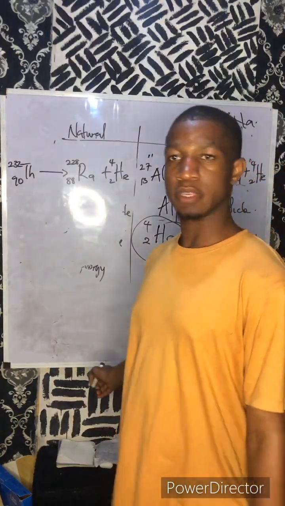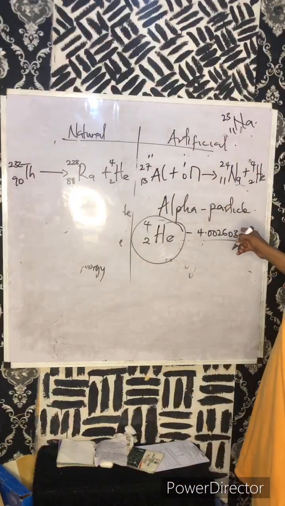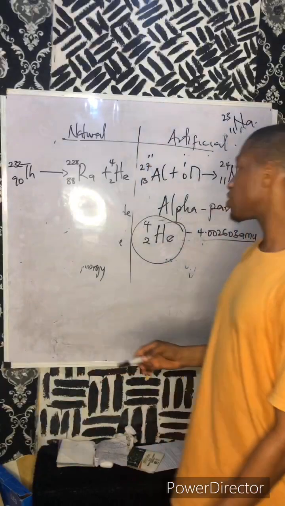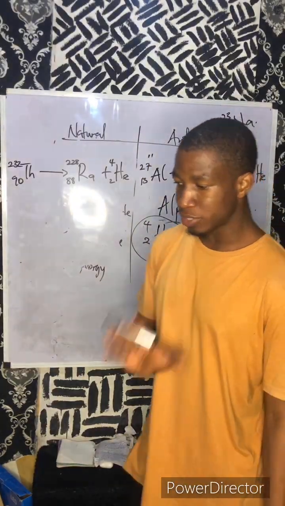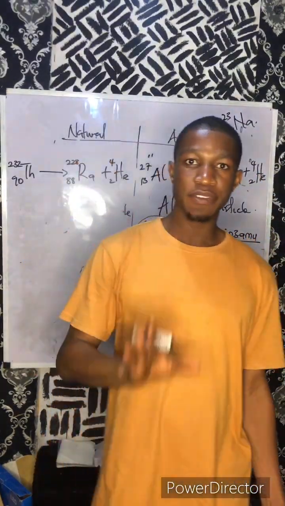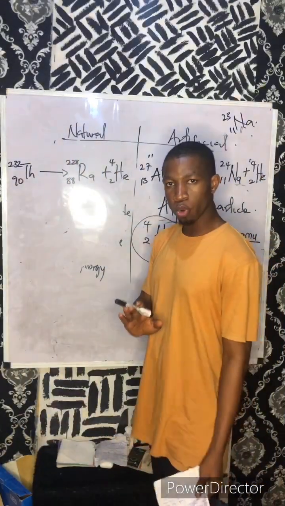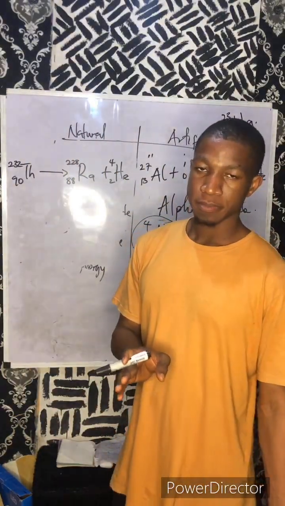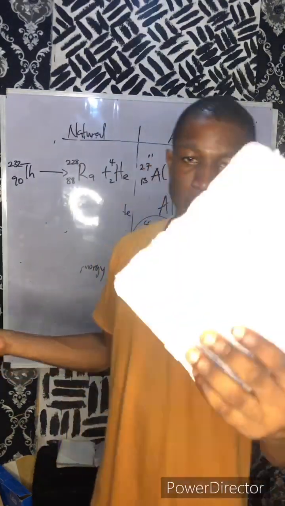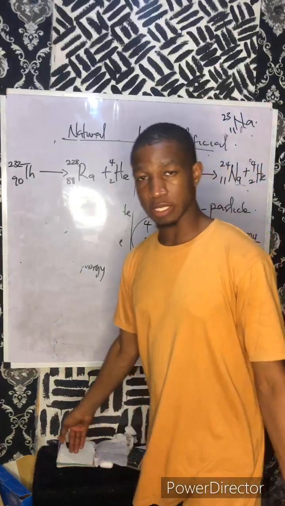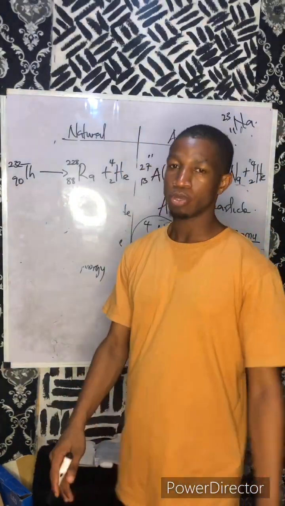It is heavy, and because of that, it has a very low penetrating power. Ordinary paper can shield you from the radiation of an alpha particle. That's something about alpha: it is not that harmful. Now let's go to the next one.